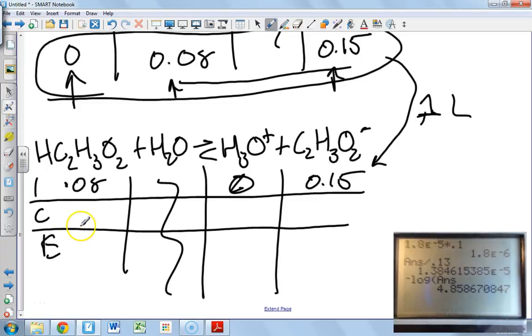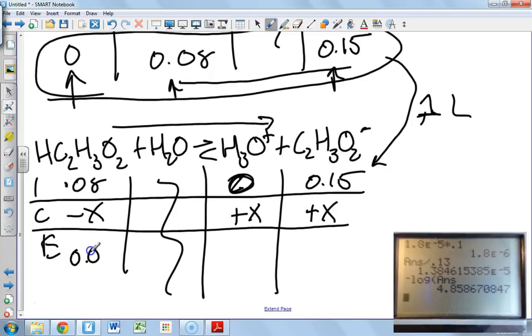Now we don't know how much is at equilibrium, because at equilibrium we don't use up everything. It's going back and forth between this and this getting created. But we know it's going to shift in this direction because we have none of this. So we're going to subtract here, add this, add this.